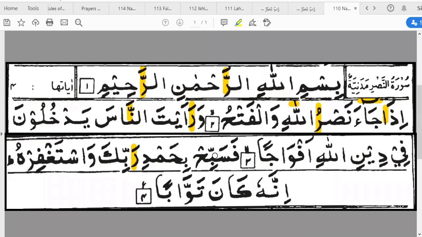And for vertical fatha, vertical dhamma, vertical kasra as well, prolong the sound for 2 seconds. For the ghunna letters, mim mushaddad or noon mushaddad, prolong the sound for 2 seconds. Don't forget that letter Ra is a thick and heavy letter, and it's supposed to produce a thick and heavy sound.